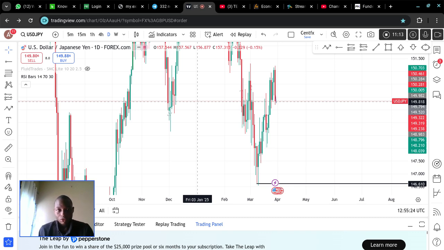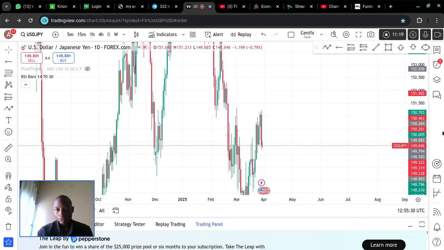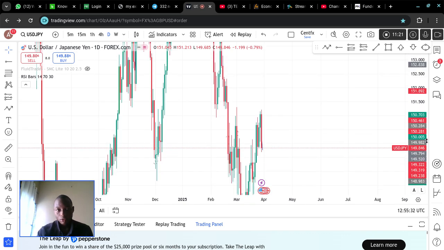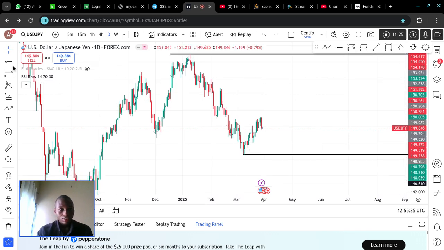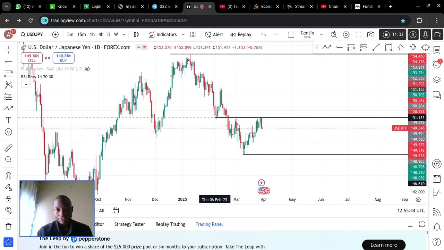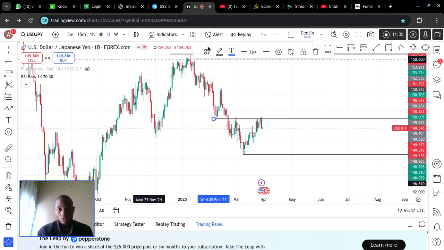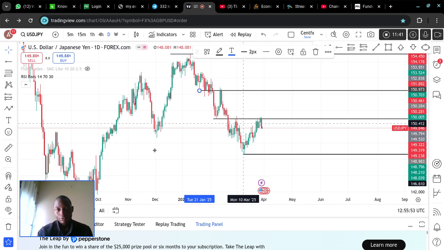Don't forget to mark your chart. This was the last resistance we had, from which the market retested, and then boom, this is another one from this point. From this point, you understand?